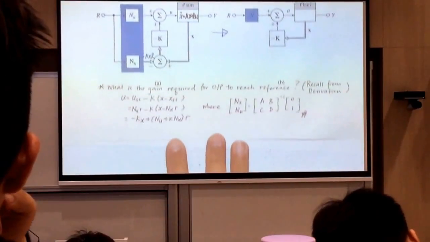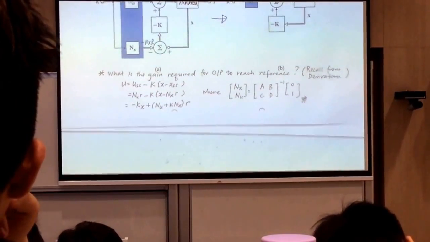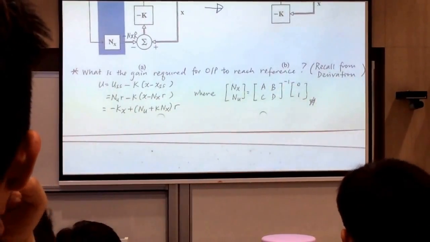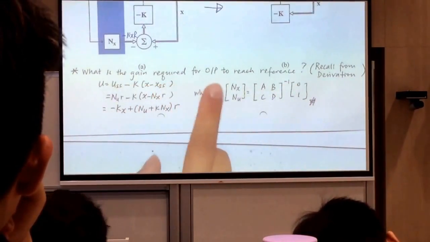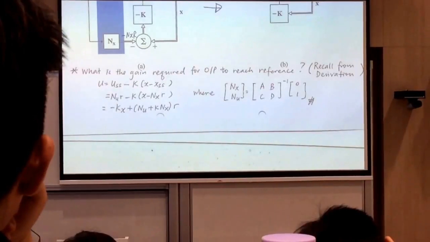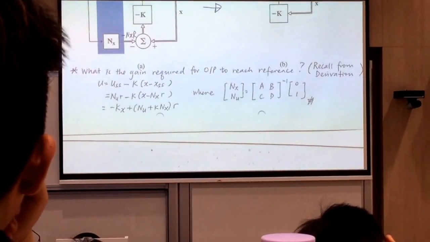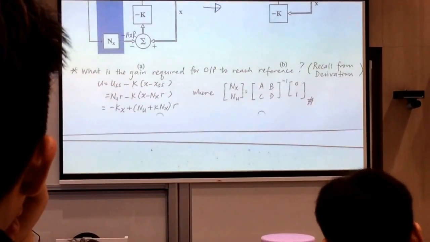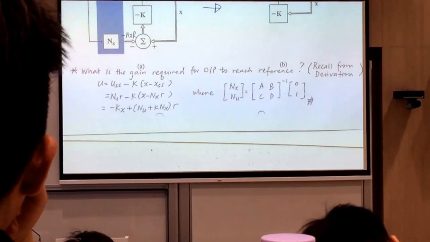Alright, what's more important is the question. If such a question comes about, what is the gain required for the output to reach reference? You need to recall the derivation. So you can repeat everything in front. What is everything in front?